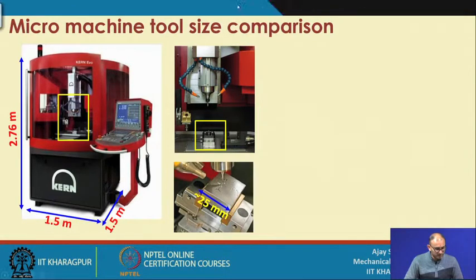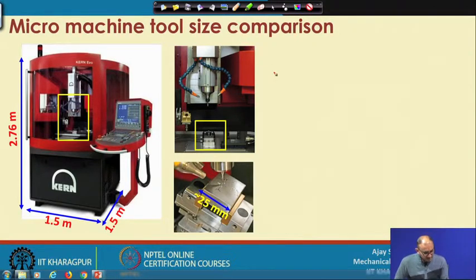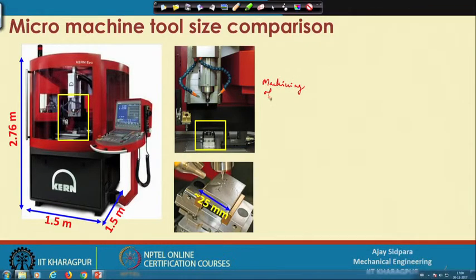So, what is the problem with this particular system is the machining of micro features or micro components using a big size machine, right.